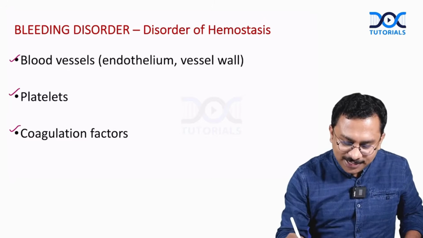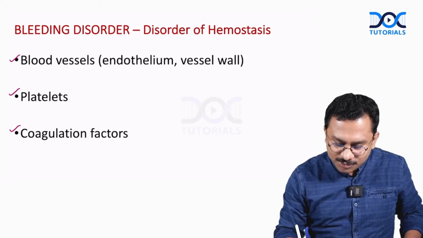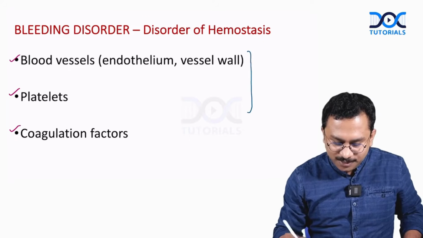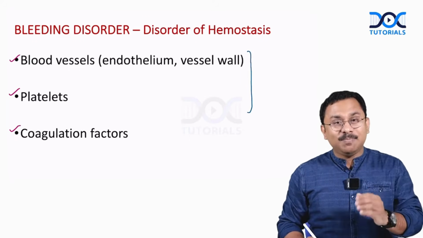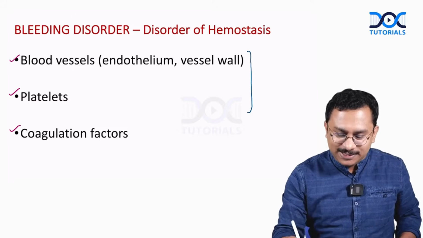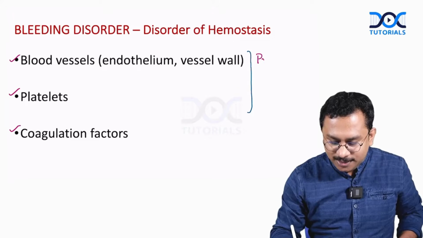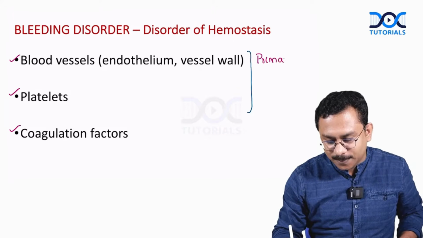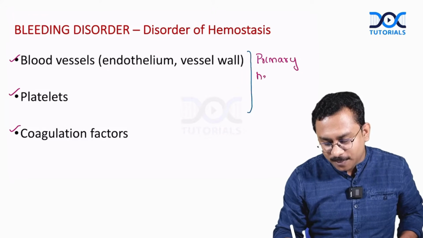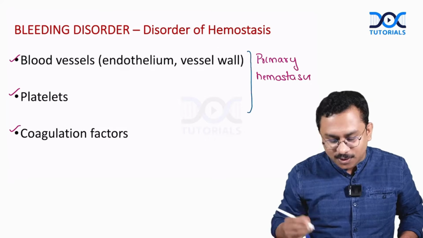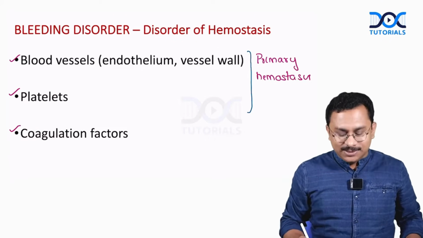Now, if there is a bleeding disorder because of a problem involving either the blood vessels or the platelets, this is what is called a primary hemostatic disorder, or a disorder of primary hemostasis.